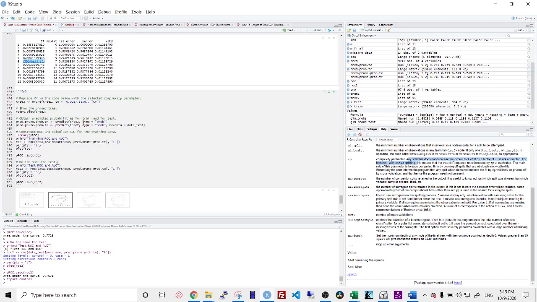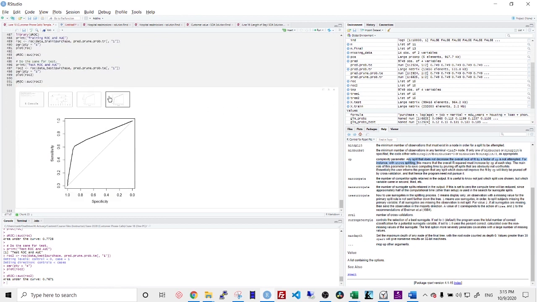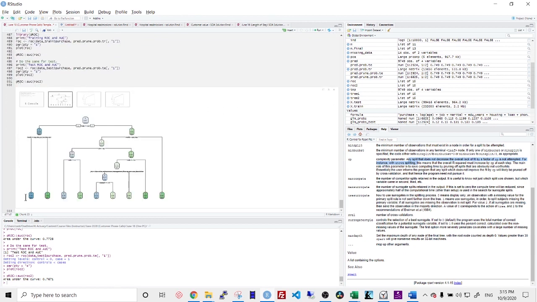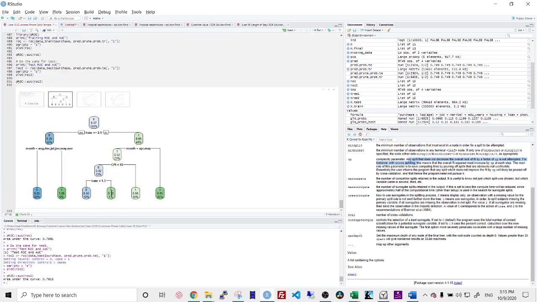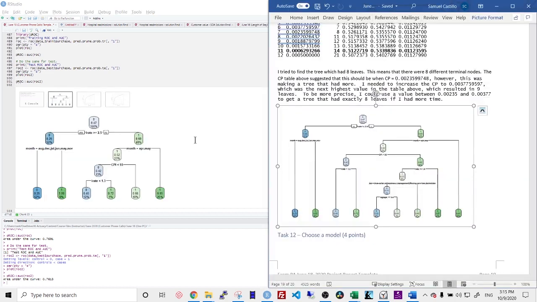So let's say that I use CP 0.0037. When I do this, I get this tree, which has 1, 2, 3, 4, 5, 6, 7, 8, 9 terminal nodes. I want less than or equal to 8. So let's use an even higher value. This has 1, 2, 3, 4, 5, 6, which is less than or equal to 8. So let's use this tree.